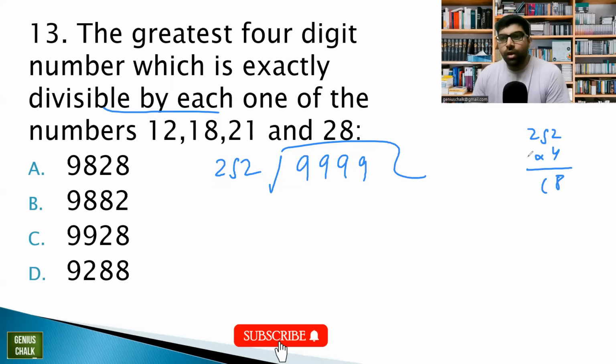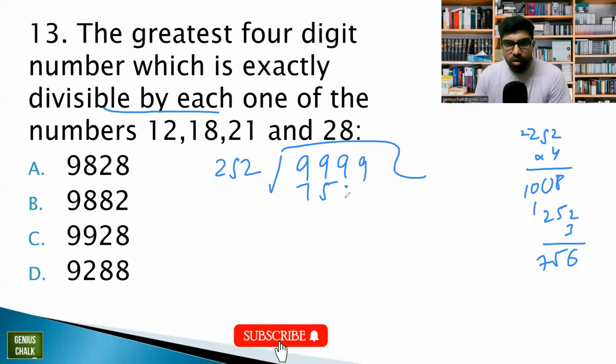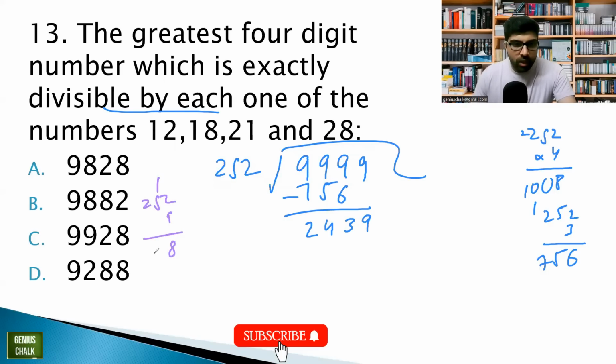So if you divide it, 252, 3s are 6, 15, 7, 56. This is 9. So you can check it. 252 must be cancelled with 9. 9 2s are 18, 46, 2268.